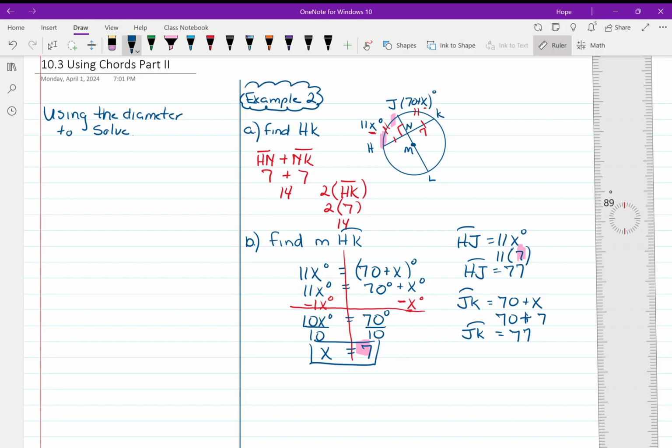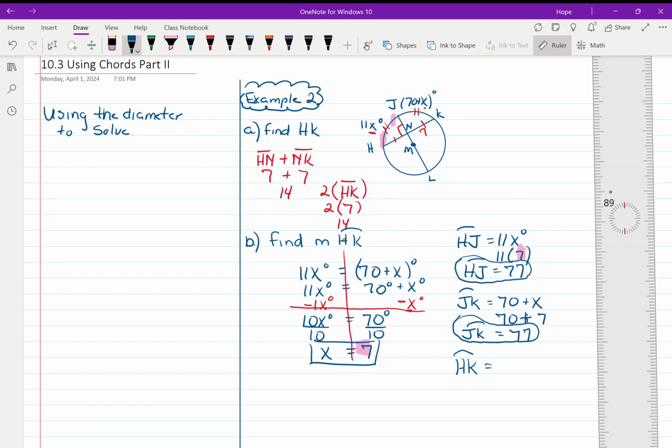Now the last thing that I want to know is h all the way to k. So what I have to do is take my 77 here plus my 77 here, which is going to give me hk.